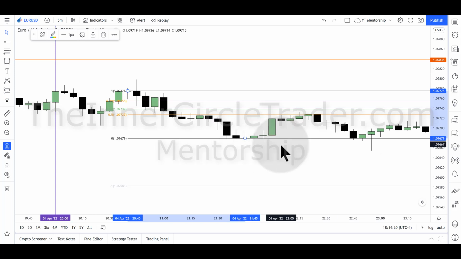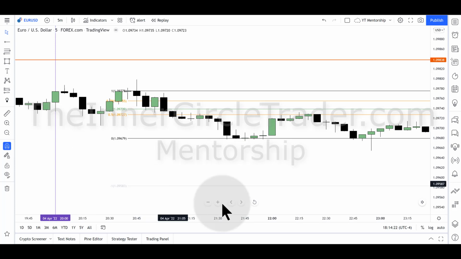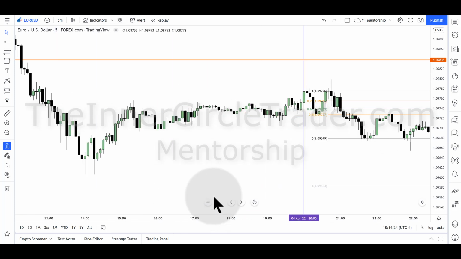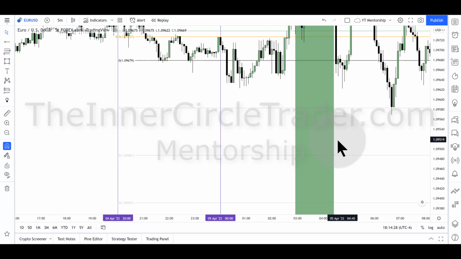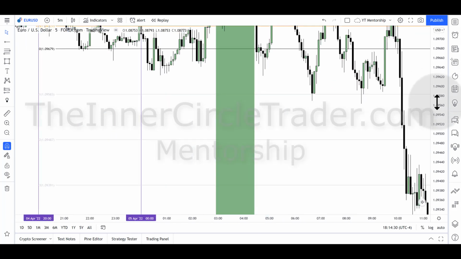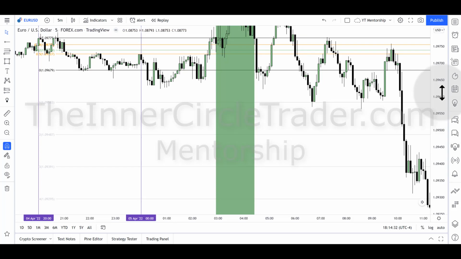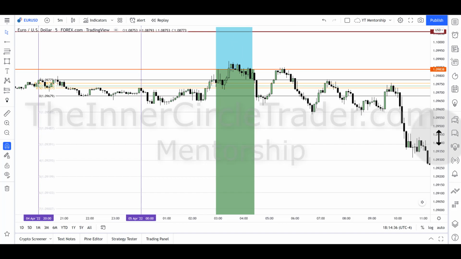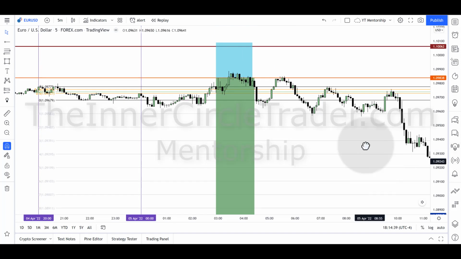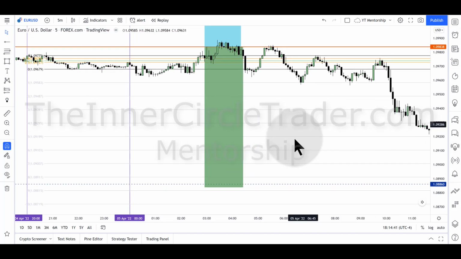Okay, so that's the actual range. Now we can go back out and see if there's any standard deviation that lines up closest to that 100% projection in terms of the model, and a standard deviation that is within 5 pips.